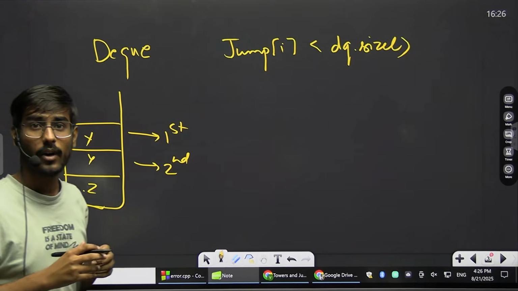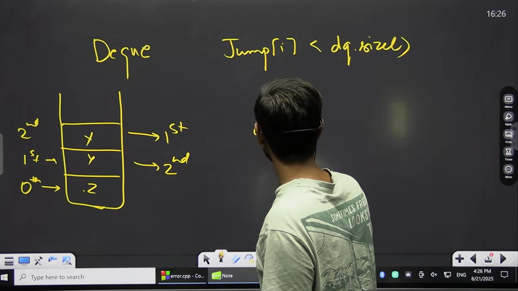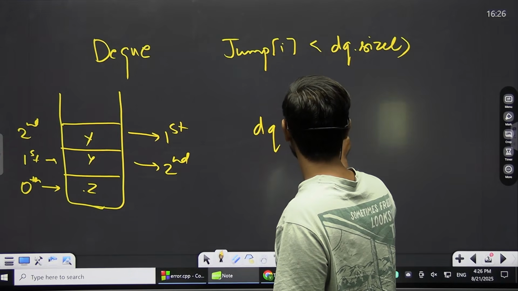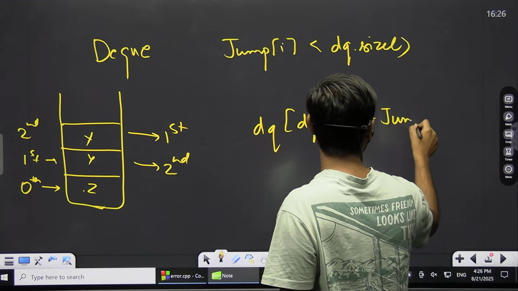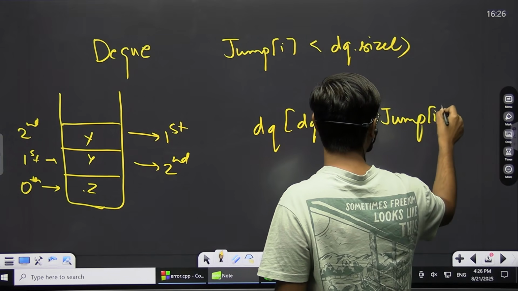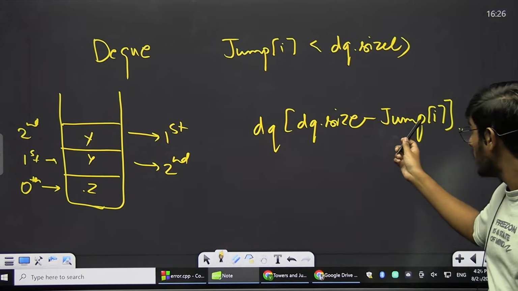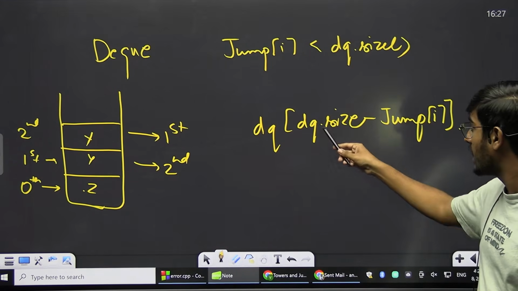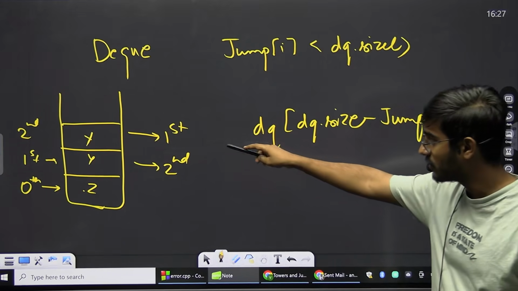I will have to return the second next greater element. Yes. So how will I access these elements? What I can do simply is dq dot size minus jump of I. Yes, because if jump of I value is 1, then I will have to access dq size minus 1.